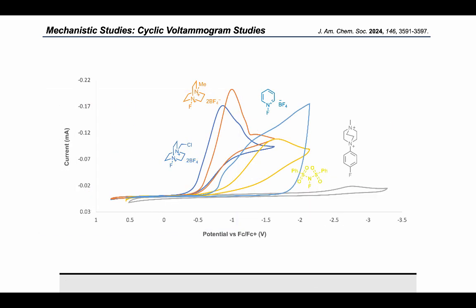The cyclic voltammograms for the oxidation and reduction profile were measured using a glassy carbon working electrode. As shown on this slide, both Selectfluor 1 and 2 produce an irreversible single electron reduction at minus 0.60 and minus 0.75 volts, respectively.